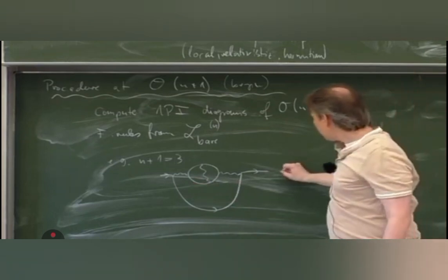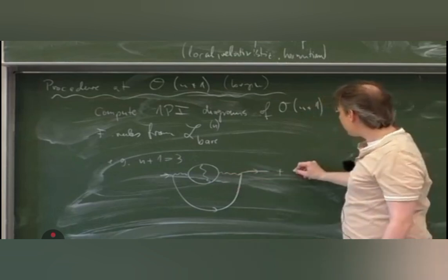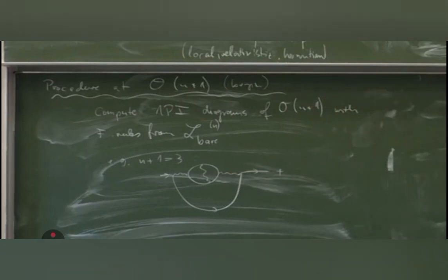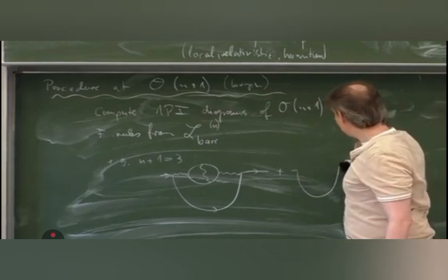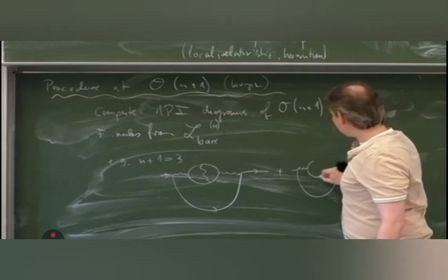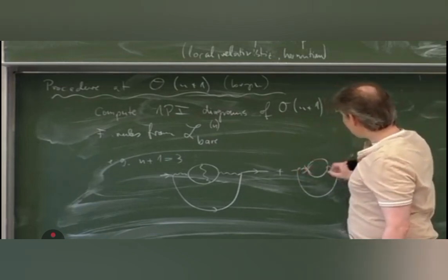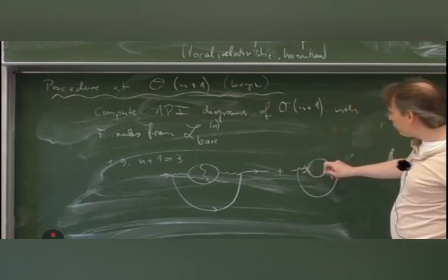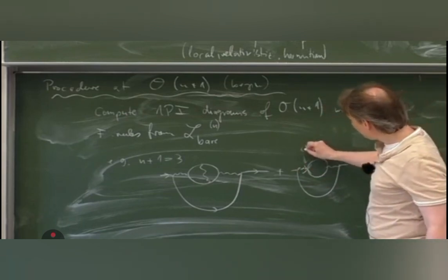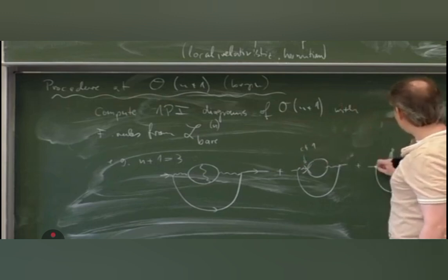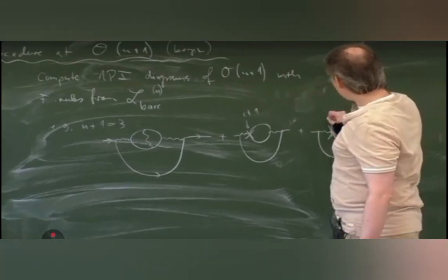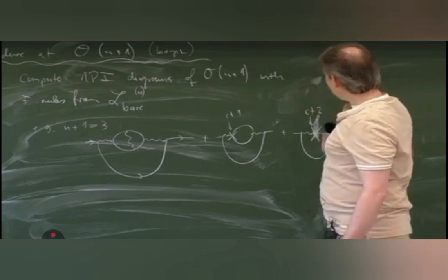That means you must automatically add to this also such diagrams. So in this case, you would add here this diagram with a 1-loop counter term insertion plus this diagram with a 2-loop counter term insertion.